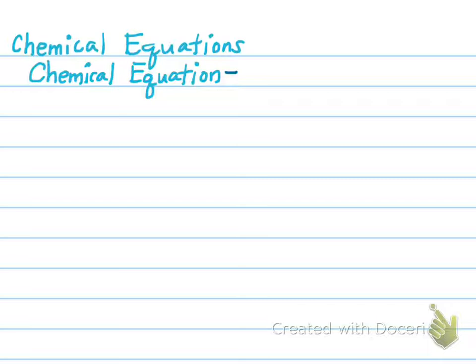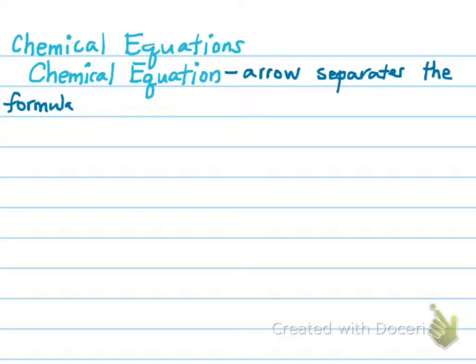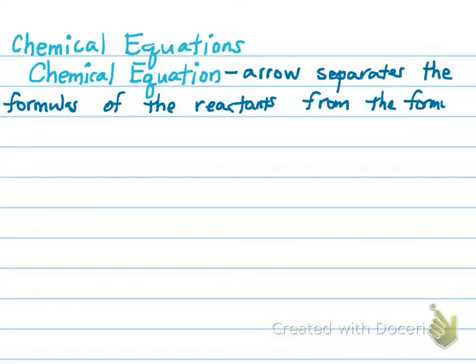In a chemical equation, an arrow separates the formulas of the reactants from the formulas of the products.